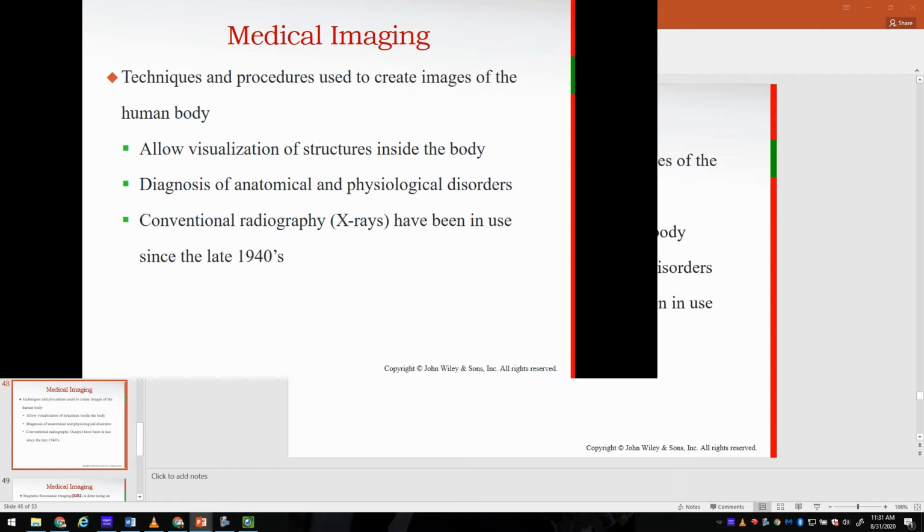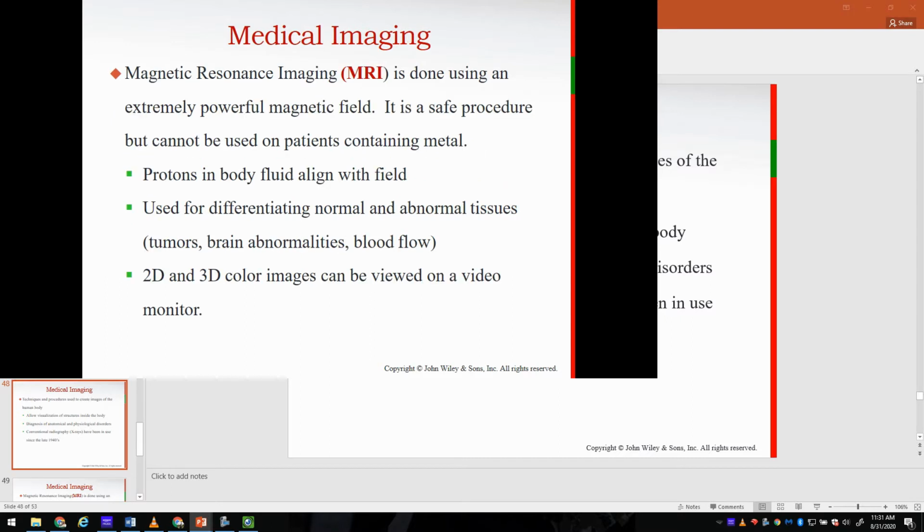They can do a chest x-ray, and today with COVID-19, a lot of times those individuals will have a lot of fluid buildup and the beginning stages of fibrous tissue forming in the lungs, and that will show up on an x-ray. And then of course the conventional radiography, or x-rays, has been around since the 1940s. So that one has been in use for quite some time.